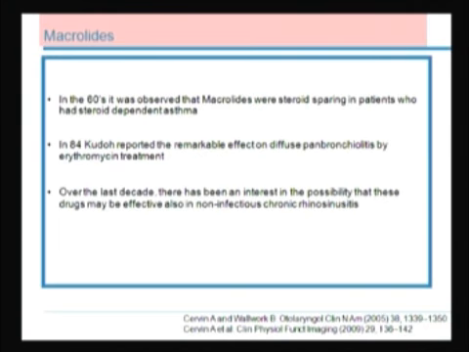So what is the possible other effect of macrolides, other than the antibacterial effect? In the 60s, it was observed that macrolides might have a sparing effect on the use of steroids, especially in steroid-dependent asthma. Later, in the 80s, a remarkable effect on pan-bronchiolitis by erythromycin treatment was reported.